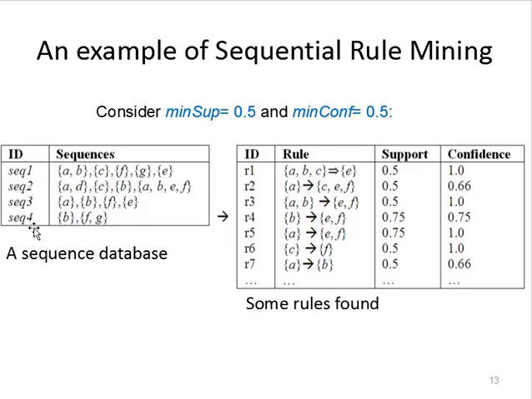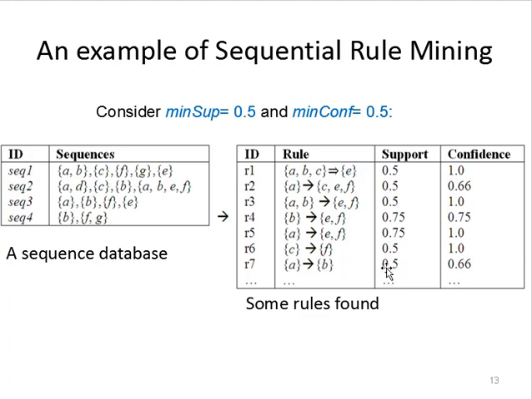Here you see the sequence database on the left. We have 4 sequences as before, and we set the minimum support to 50% or 0.5, and the minimum confidence to 50% or 0.5. So we find some rules, as you can see on the right. For example, if you look at the rule A followed by B, it has a support of 50%.